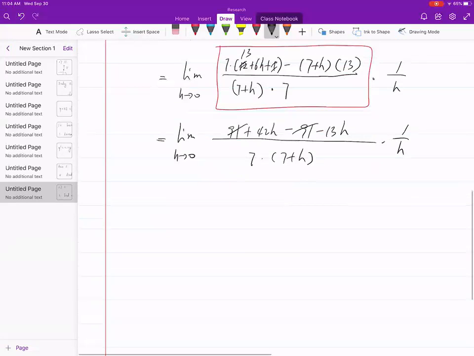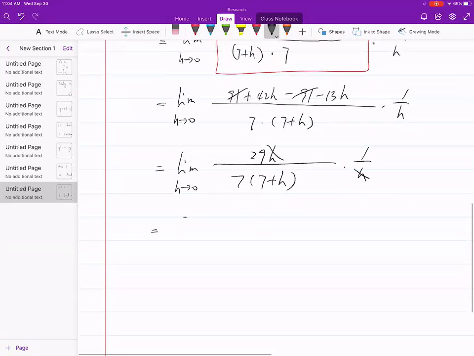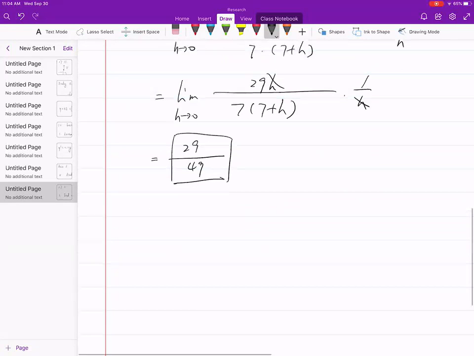Cancel. Okay, 29h times 1 over h. They cancel. So finally, it's 29 over, let h go to 0, 7 times 7, 49. That will be the slope. And then this will be the tangent line.